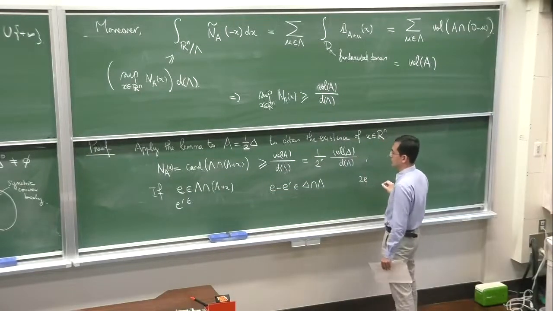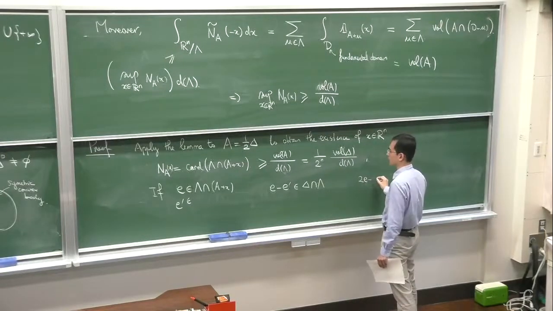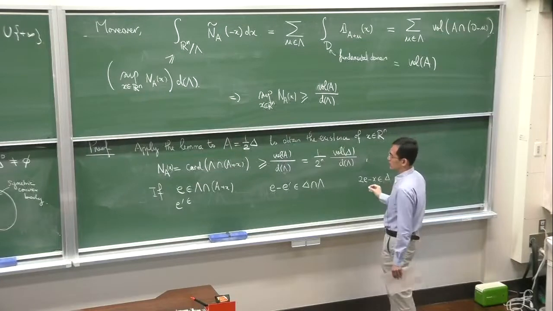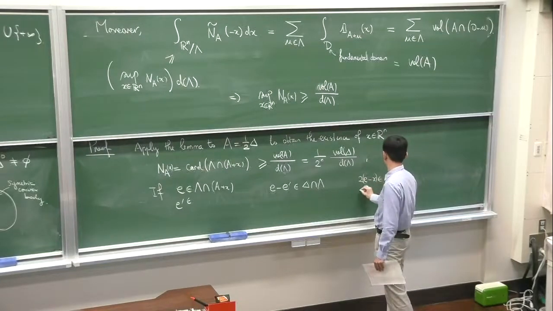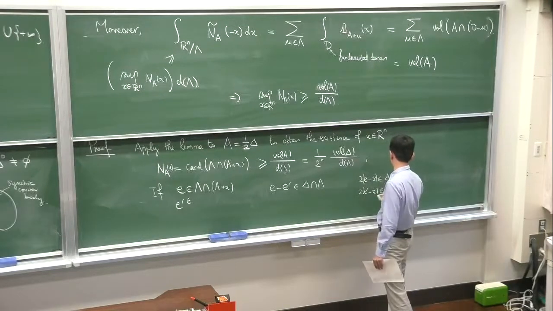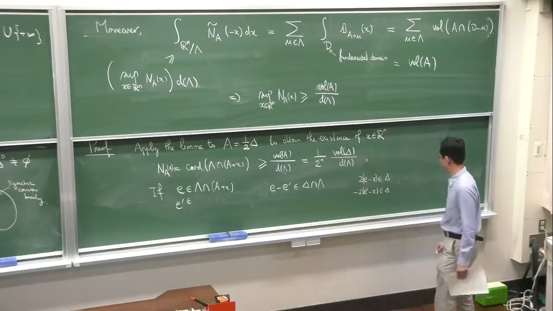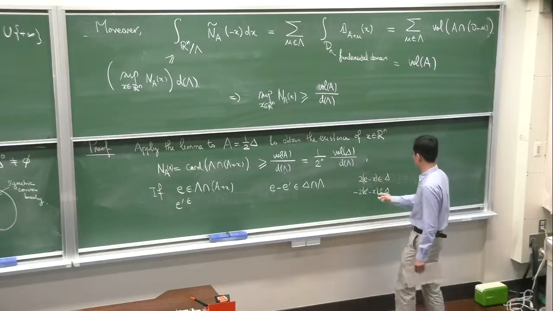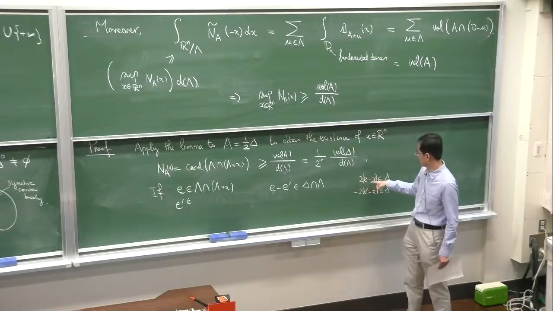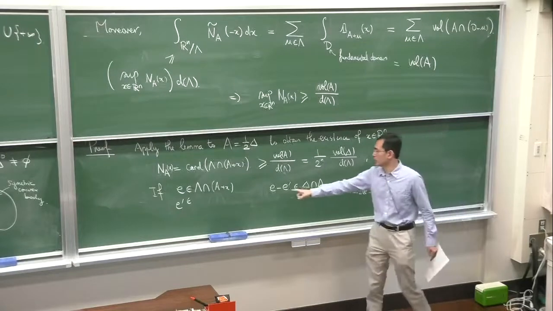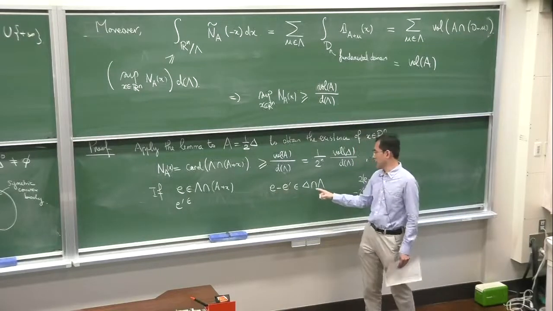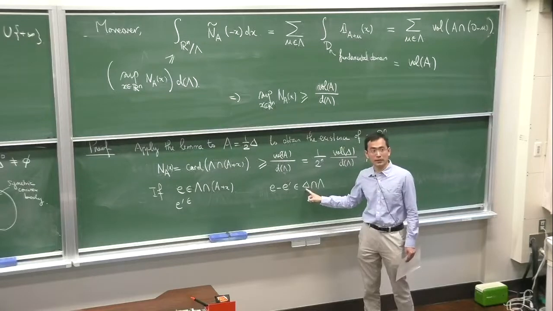So 2e minus x belongs to delta, and 2e prime minus x belongs to delta also, and if you put a minus here, it belongs to delta also, and then you take the average of these two vectors, that will produce e minus e prime, which belongs to delta.